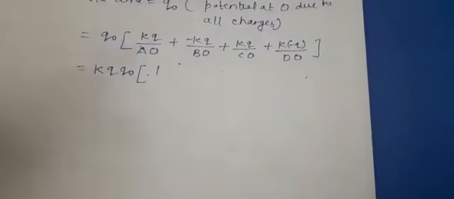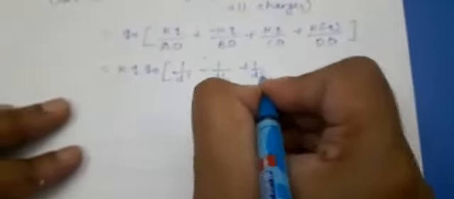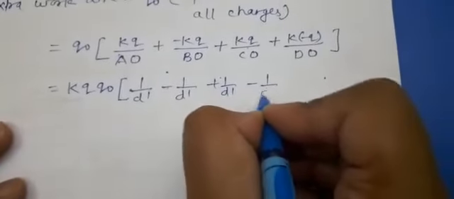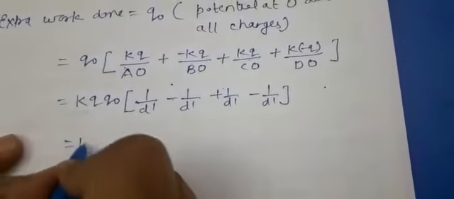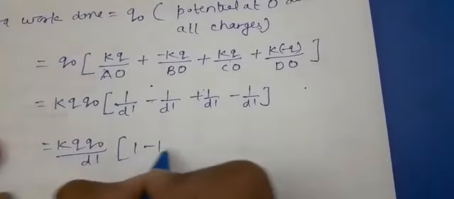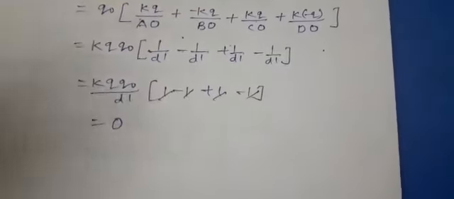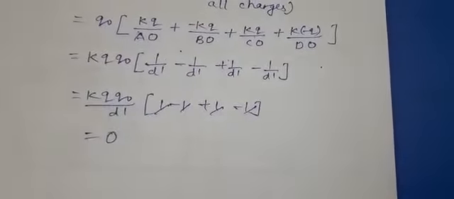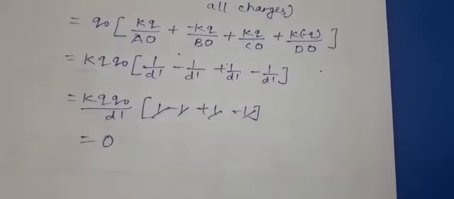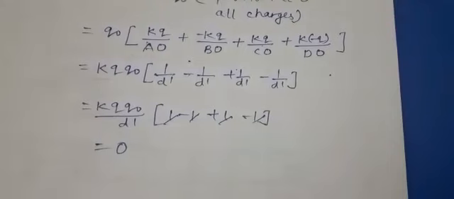You can also put the value. This will be 1 by D dash minus 1 by D dash plus 1 by D dash minus 1 by D dash. So it is K, Q, Q naught upon D dash, times 1 minus 1 plus 1 minus 1. This will cancel out, and the result is 0. You can take this D dash as D by root 2, it depends upon you. I want the calculation to be simple, that's why I have represented it by another symbol.